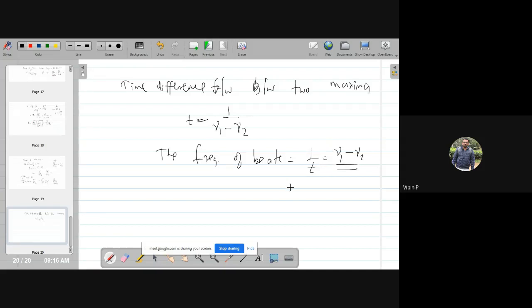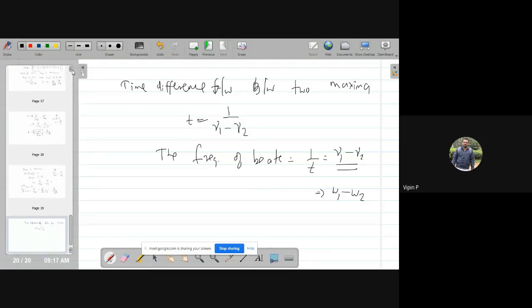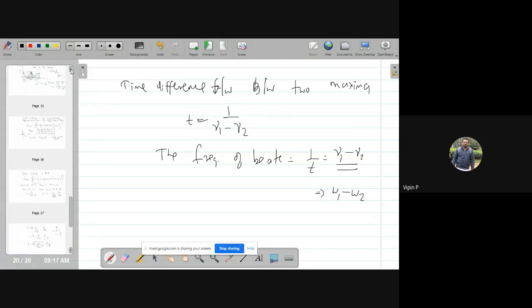That's the conclusion. Or I can always say that this happens at the angular frequency omega1 minus omega2. Now I can show it from the graph itself.